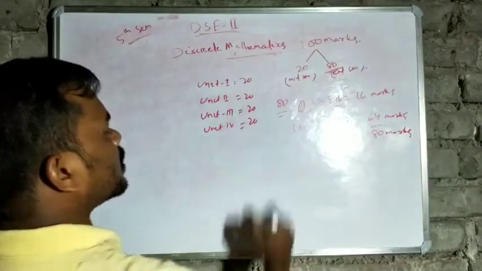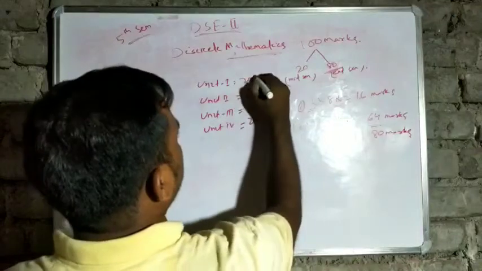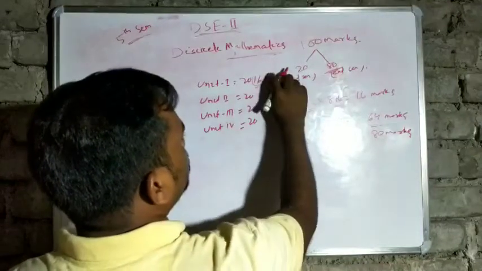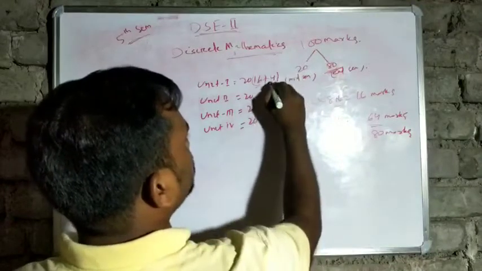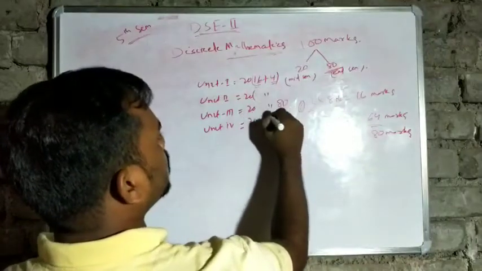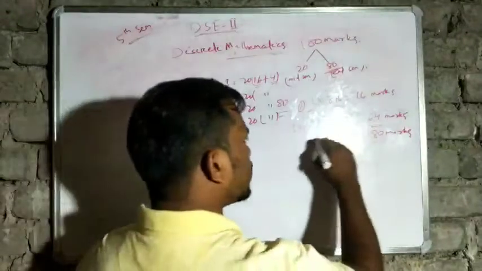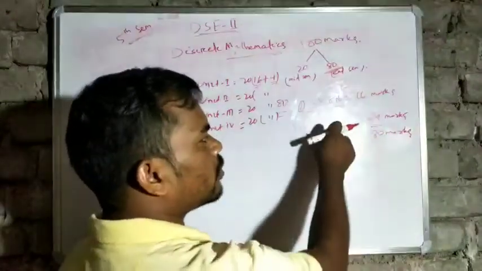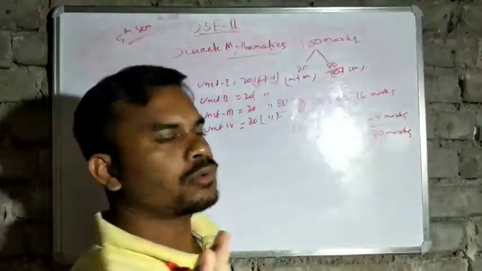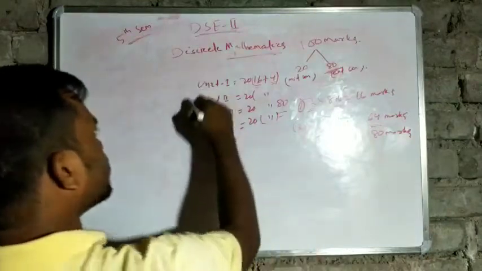Out of your 20 marks, there is 1 long question of 16 marks and 2 short questions, 2 plus 2, that is 4. Similarly for the other units, for each unit you will get a long question of 16 marks and 2 mark questions. So this is your mark distribution.